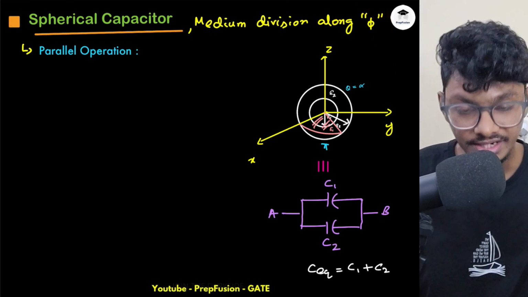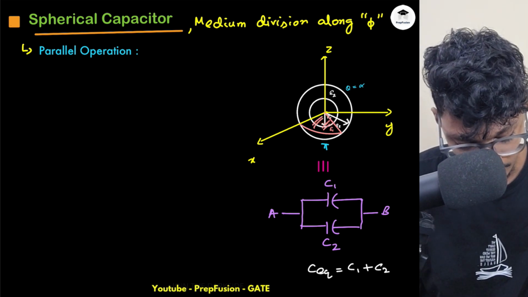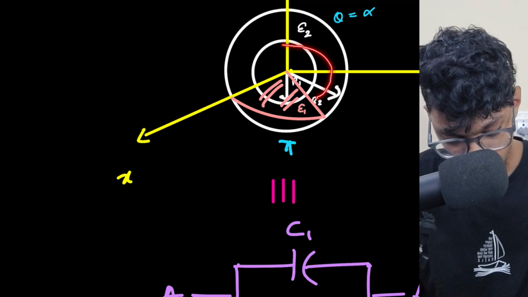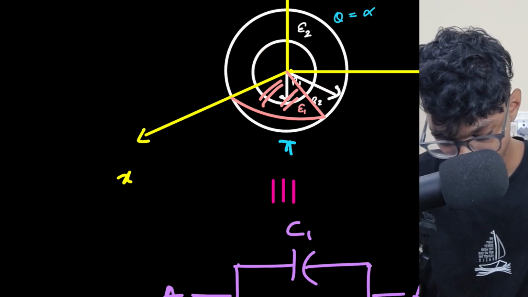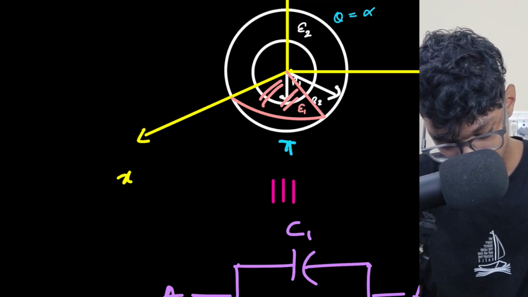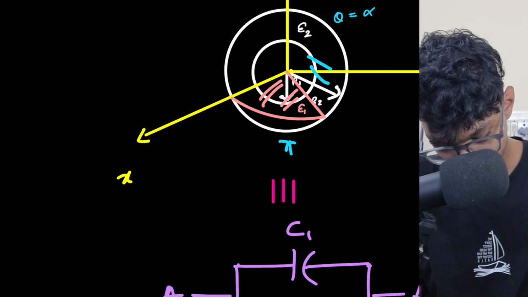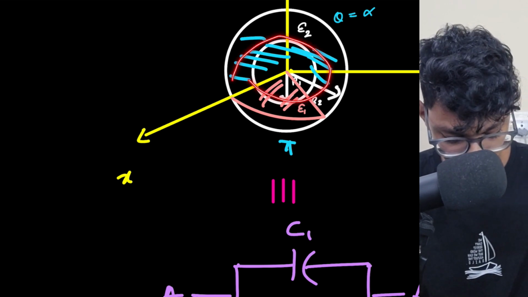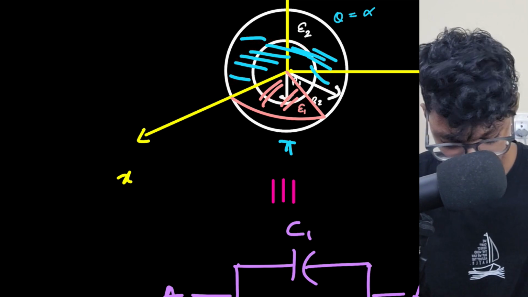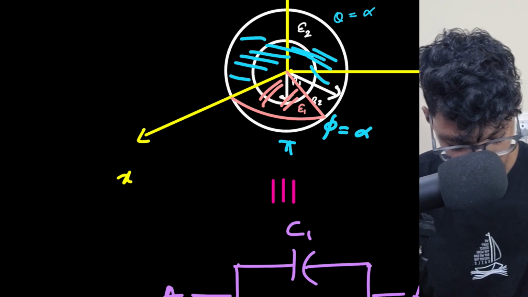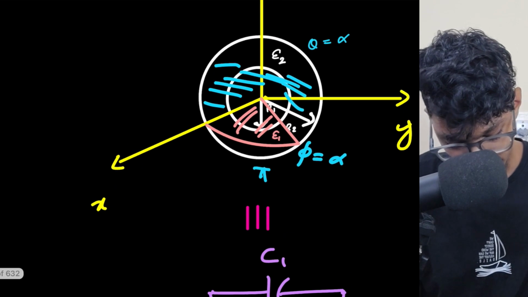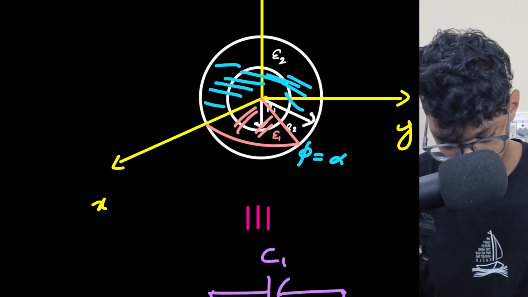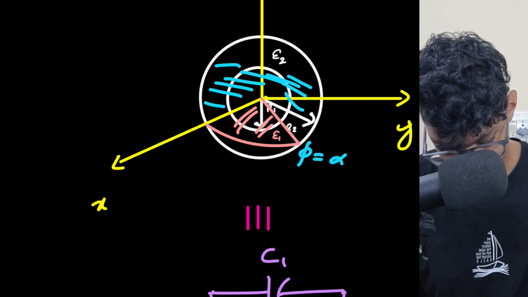Now if my medium division is along phi, so from here to here it is epsilon 1. I will try to draw this out, though I know it will be difficult to explain. This is phi equals alpha, and here this is phi equals 2 pi.